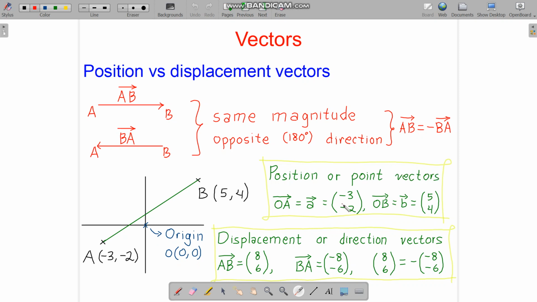The position vectors: OA, the position of point A, we can use small a, minus 3, minus 2. Position B is 5, 4, and the displacement, the vector from A to B, is 8, 6. BA is minus 8, minus 6, and as you can see, they are opposite because they are in the opposite direction.